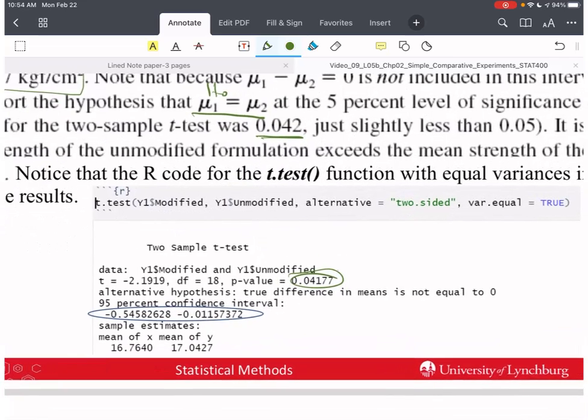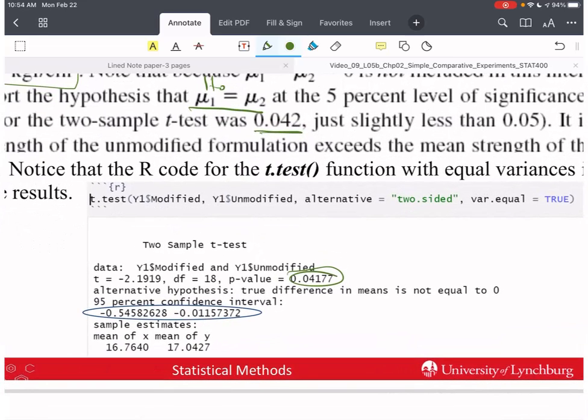Here is the t-test that we had when the variances are equal. So here we had variances equal is true. And here is our confidence interval that was included in the output. For the case when the variances are considered equal, it's about negative 0.55 and about negative 0.01.